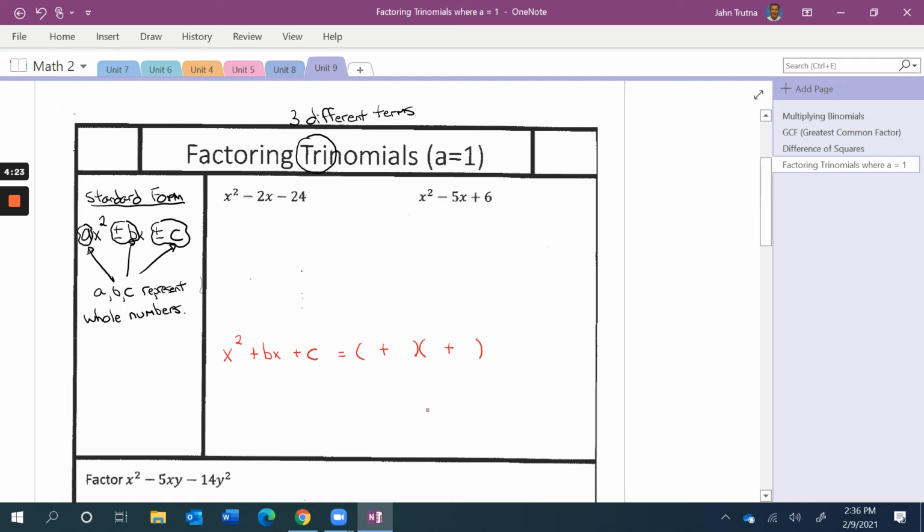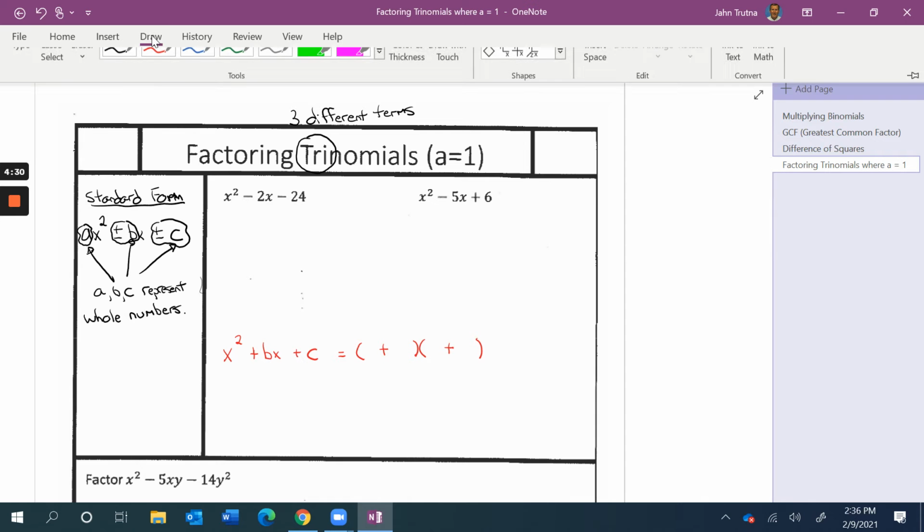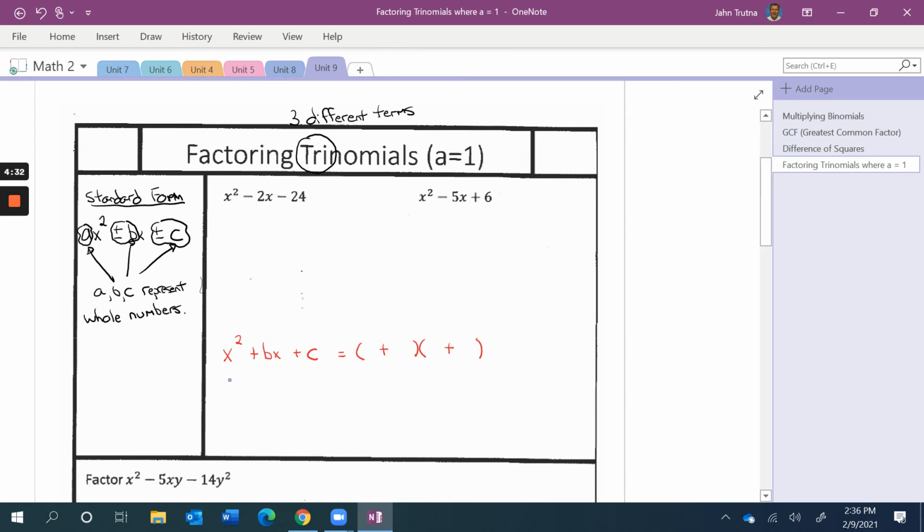I'll show you what this means and how you fill it out as you go. This is stuff you do need to know. It's not going to make a lot of sense right now, but it eventually will. If I have an x to the second power plus bx minus c, then when we factor that, we're going to get two parentheses. One will have a plus, the other will have a minus.